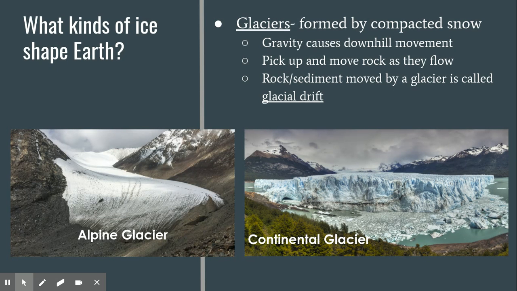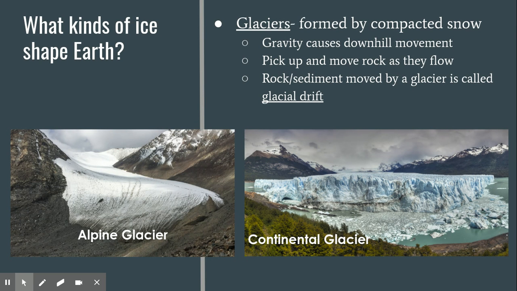Those are huge, thick ice sheets that cover flat land. Both of them can cause erosion by scraping out land. Both of them can cause deposition by leaving behind rocks and boulders and trails of sediment. But they're two different kinds.